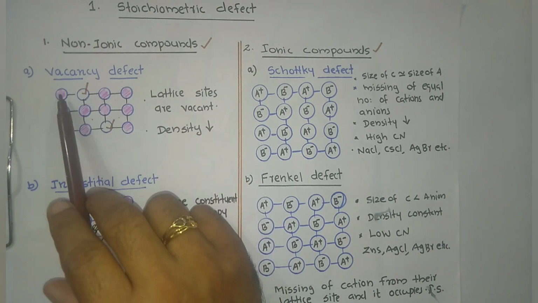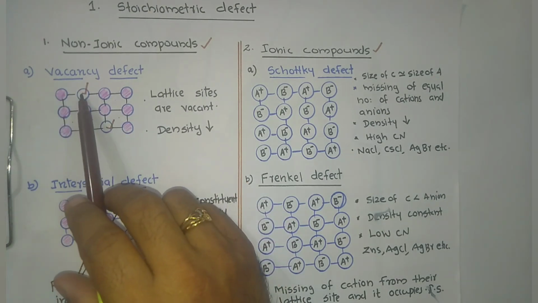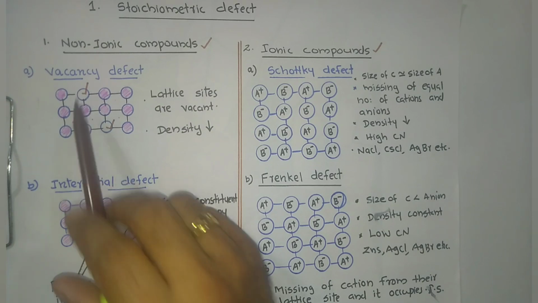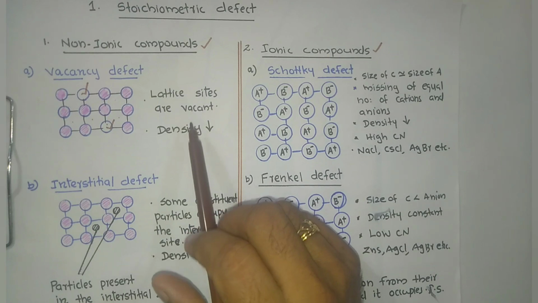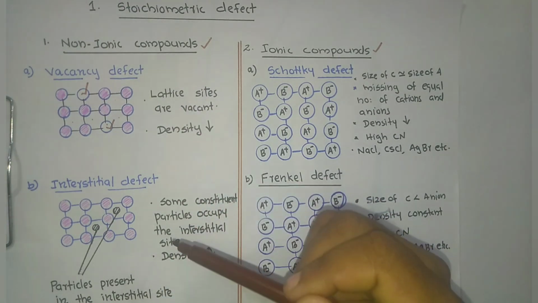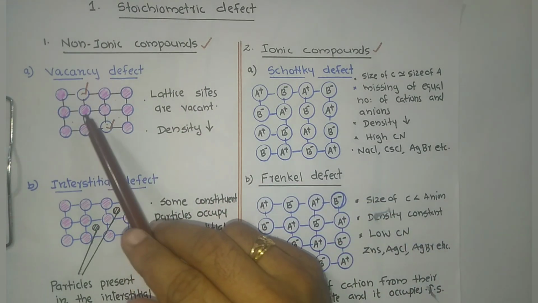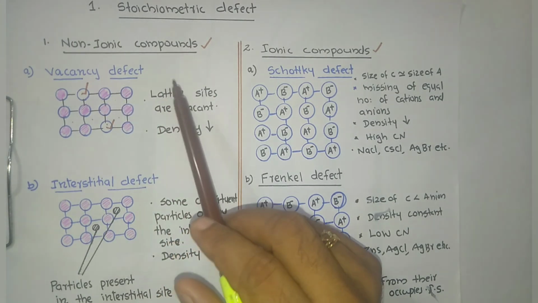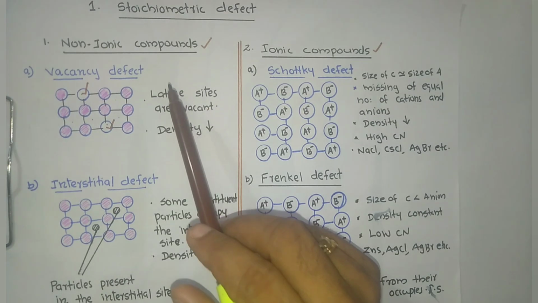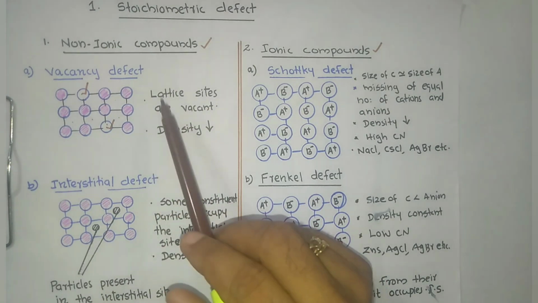Clear? So some lattice sites are vacant, here this one and this one. So the density of the crystal decreases. In vacancy defect, when some of the lattice sites are vacant, this is called vacancy defect.